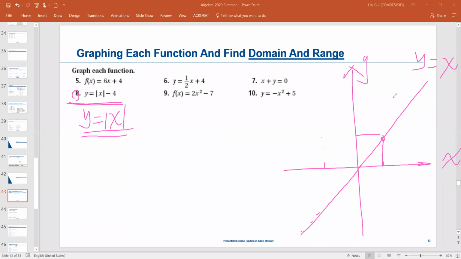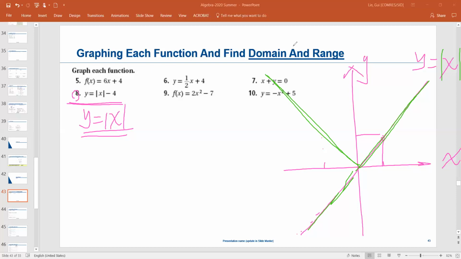After the absolute value, the part below the axis will be changed, flipped up here, right? So actually the graph is this part, y equals absolute x.